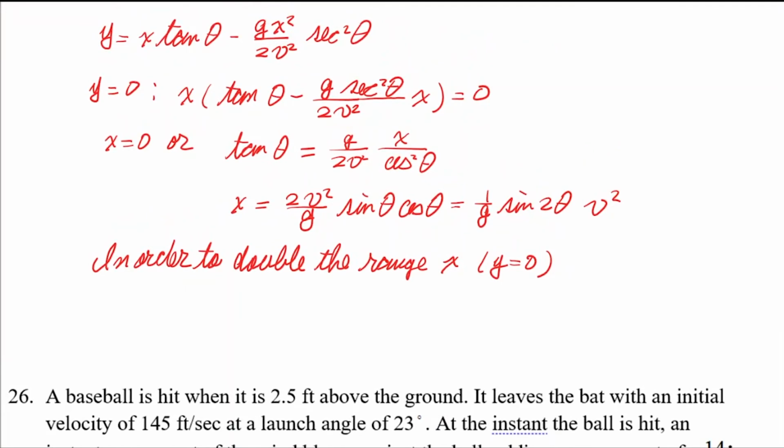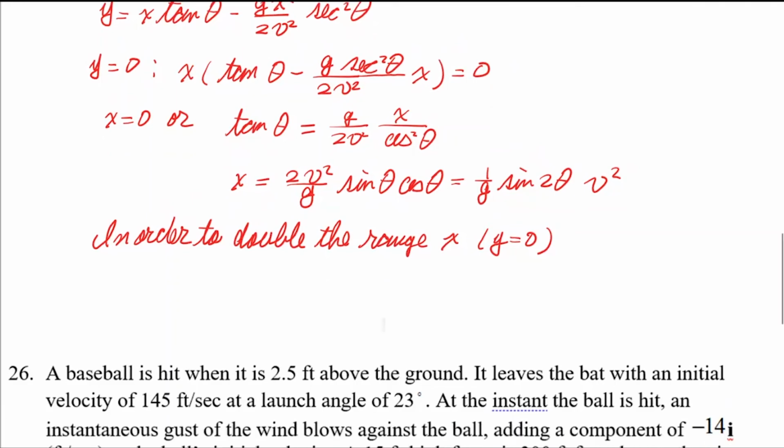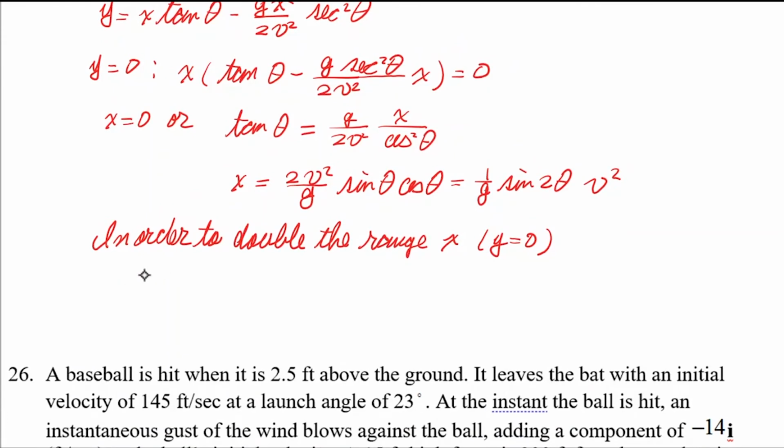How do I want to explain this? I know the answer is square root 2 times v1. You guys know what I'm saying, right? If I put square root 2 times v, then that will give me exactly double, right?